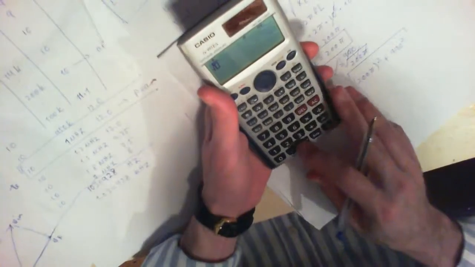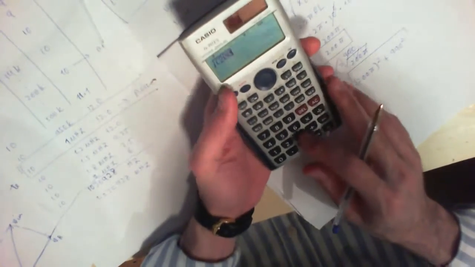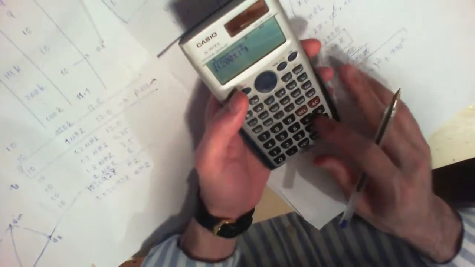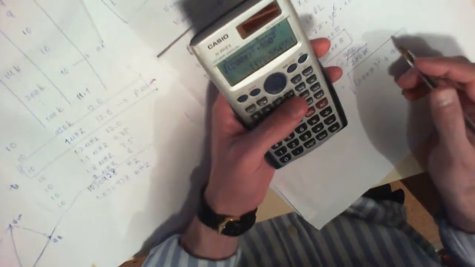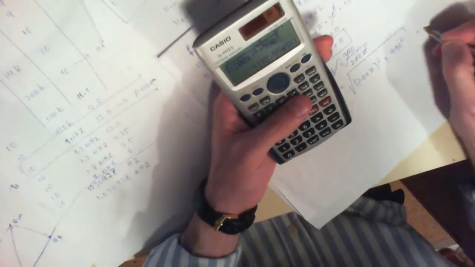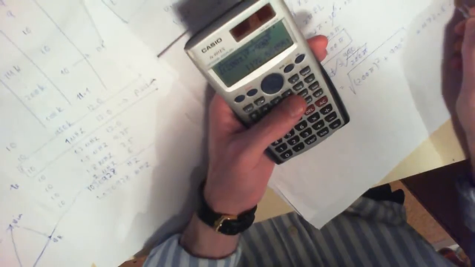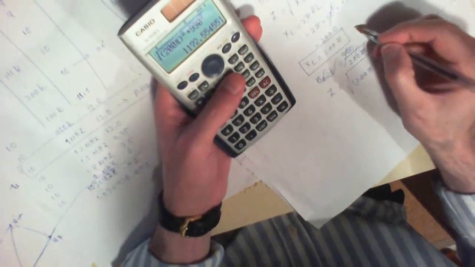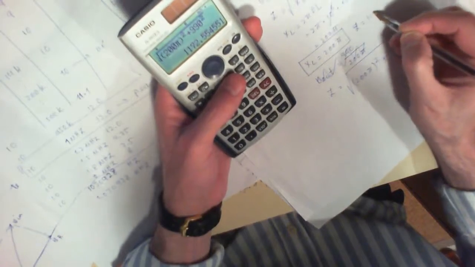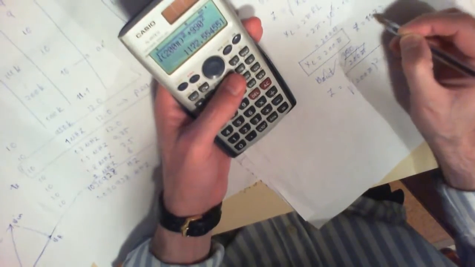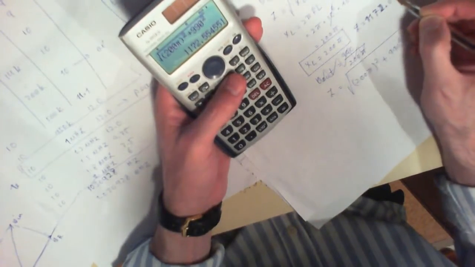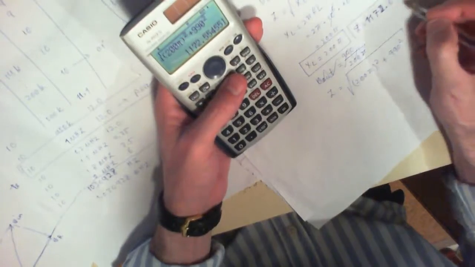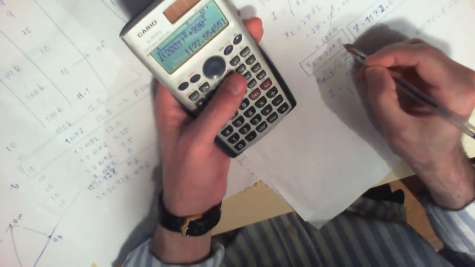That's equal to the square root of 200 pi squared plus 990 squared, which is equal to 1172.6 ohm. So your Z is equal to 1172.6 ohm.